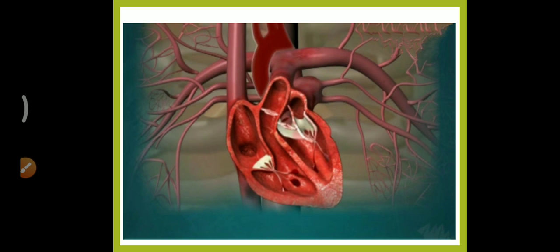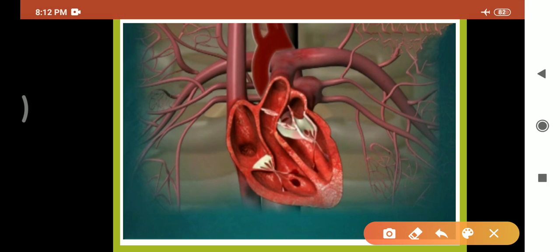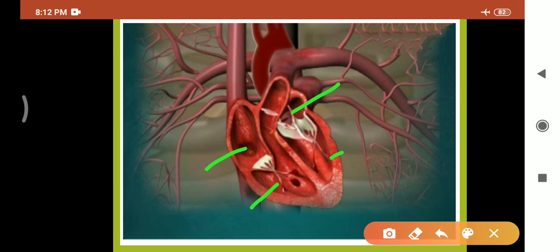Okay, so in this picture you can see both. Right and left both contract at the same time. In this picture, this one here is the aorta. Okay, in this slide that is clear.